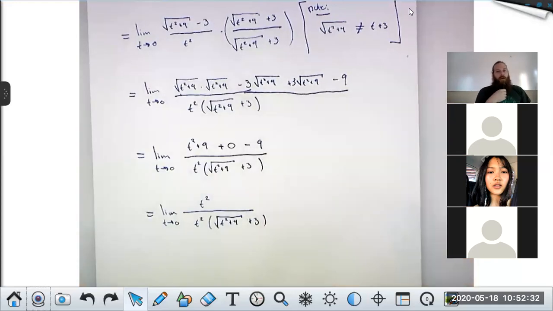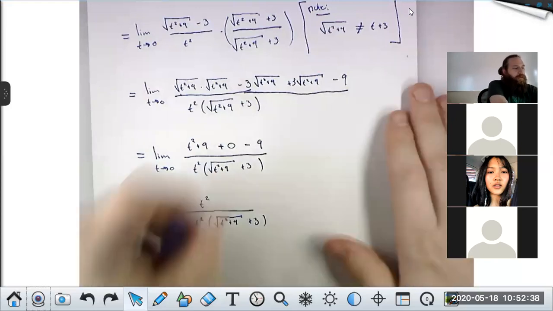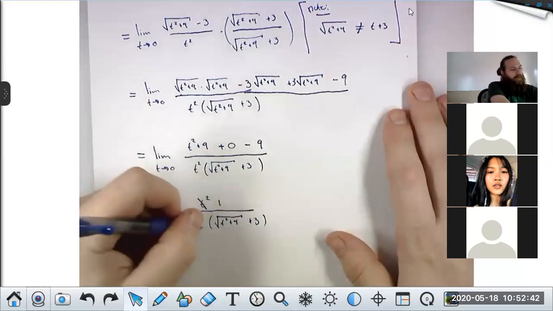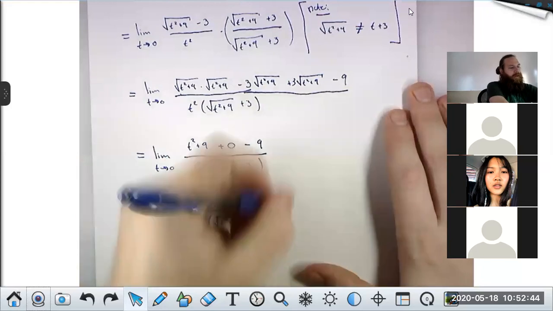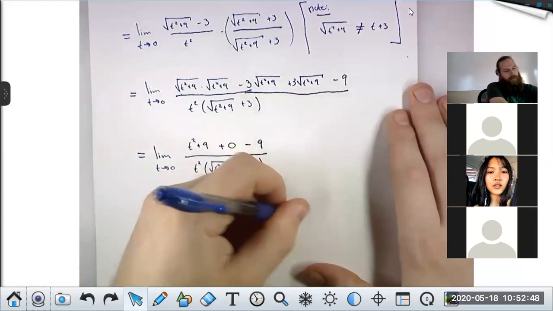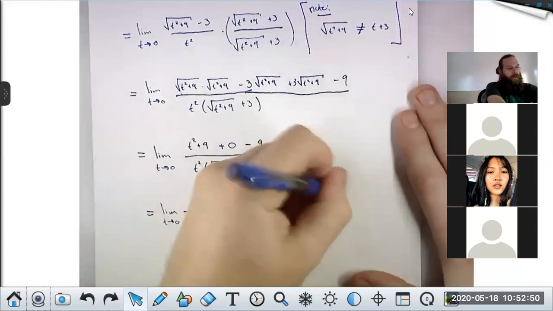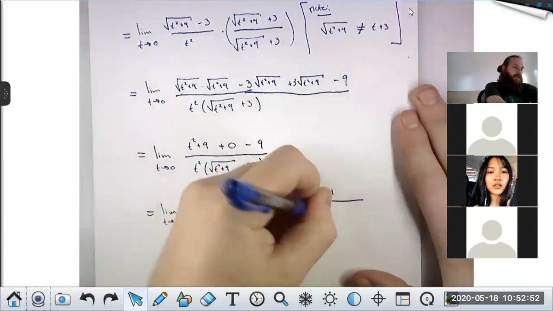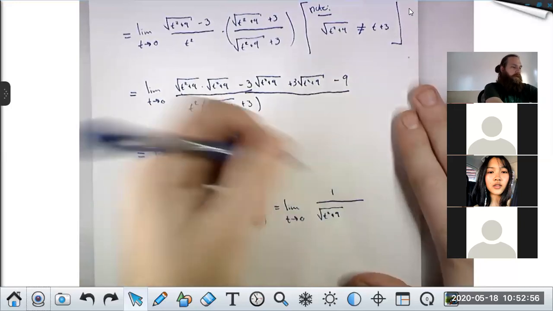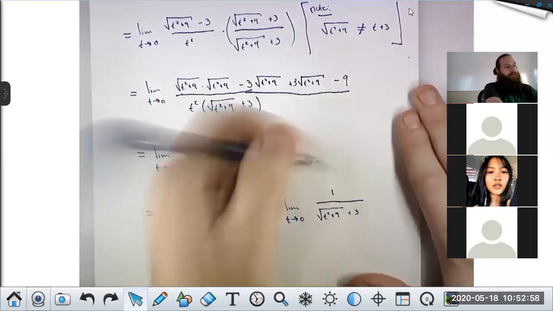And now, having done all of this algebra, t squared is a factor of the top and of the bottom, right? That numerator t squared is really t squared times 1, and I can cancel, and I get the limit as t goes to 0 of 1 over the square root of t squared plus 9 plus 3.